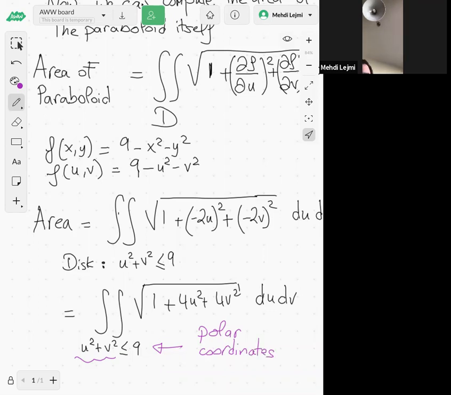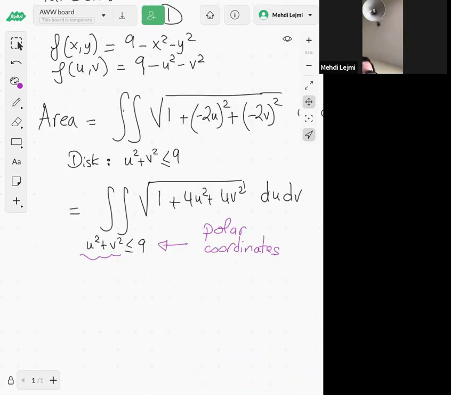If you use polar coordinates, then that will be equal to the double integral where u is r cosine of theta, v is r sine of theta, right? So u squared plus v squared less or equal to 9 means that your radius r is between 0 and 3, and theta is between 0 and 2 pi.